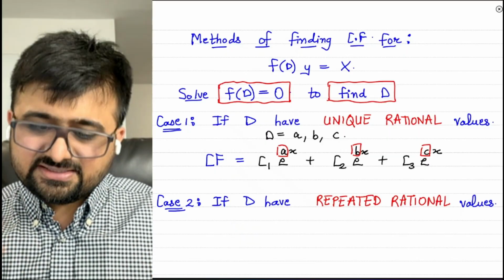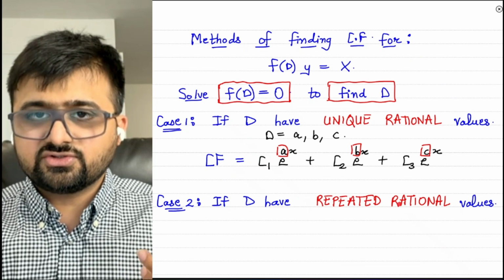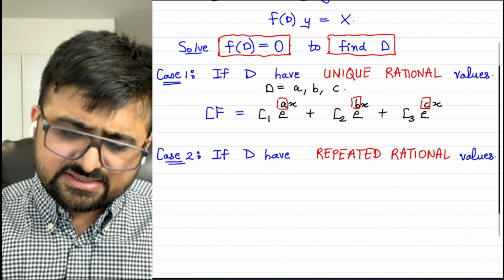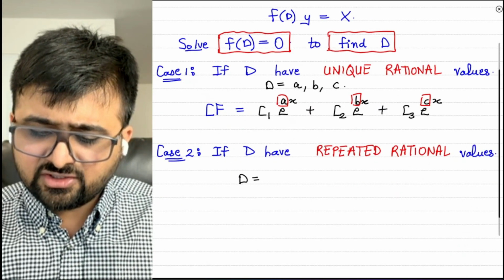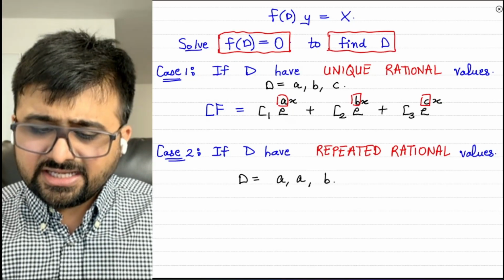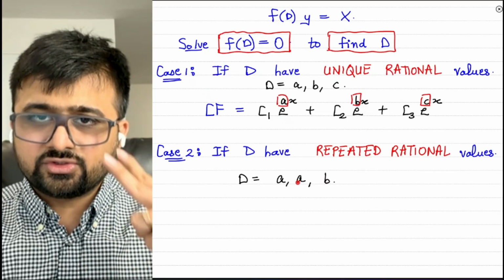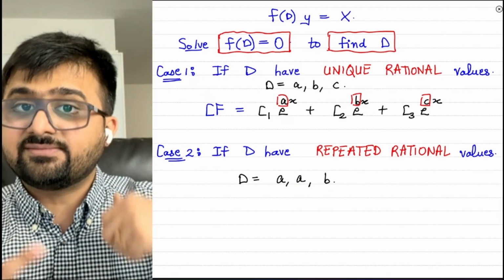Now let us see what happens if the values of D come out to be repeated rational values. What do we mean by repeated values? Let's say I solve and find that the values of D are a, a, b. That means a is repeated two times. It is also important how many times it repeats.